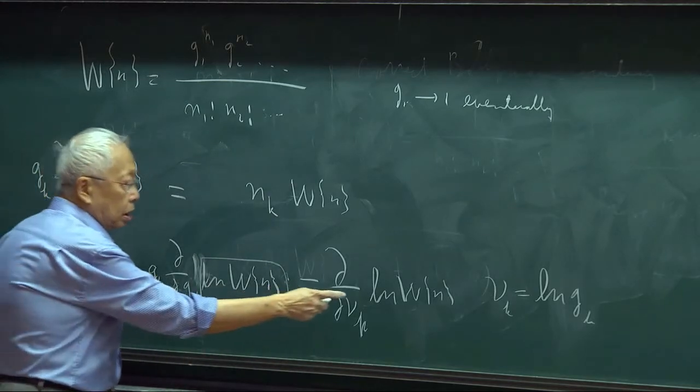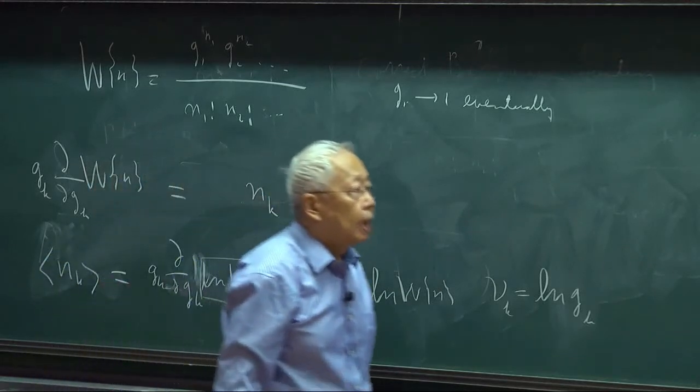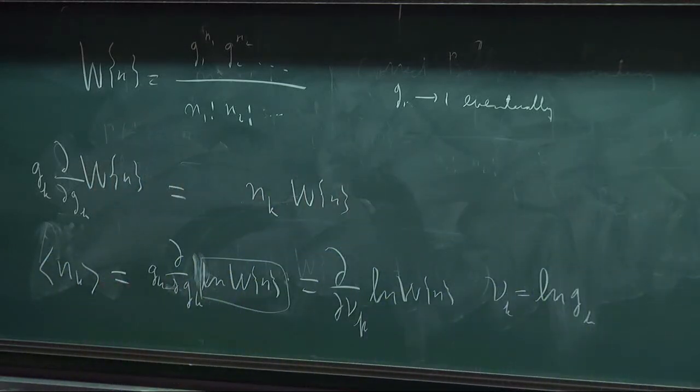But when I do the differentiation, I get the average value of n. I can also very easily get the fluctuation.